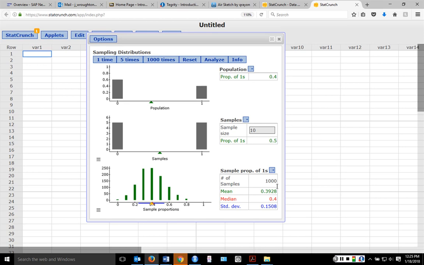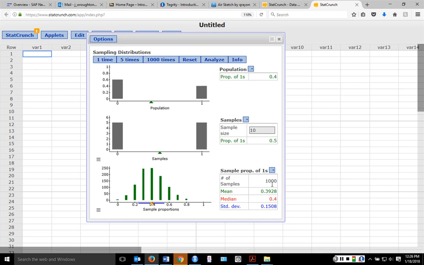Now we're going to record down our mean, our median, and our standard deviation, just like we did above. Alright, so my mean is 0.3928. My median is 0.4. And let's just pause for a moment. Do those two numbers make sense? Well, what percent of all of the beads are black? I said 40% of all the beads are black.